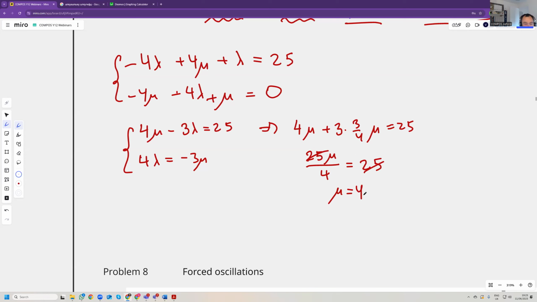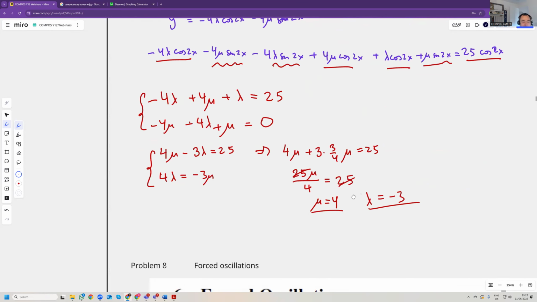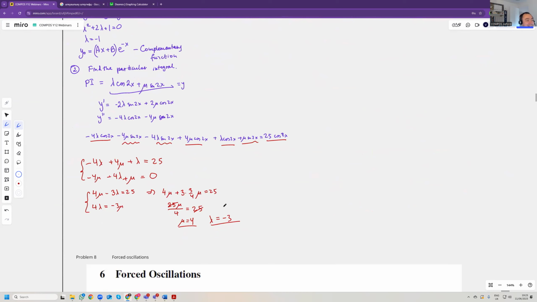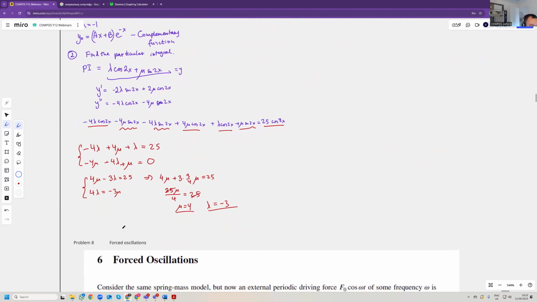So mu equals 4, and lambda is minus 3. Lovely. I just solve these simultaneously, and finally I get my particular integral. The particular integral, which I prefer to call y1, is equal to minus 3 cos 2x plus 4 sine 2x.